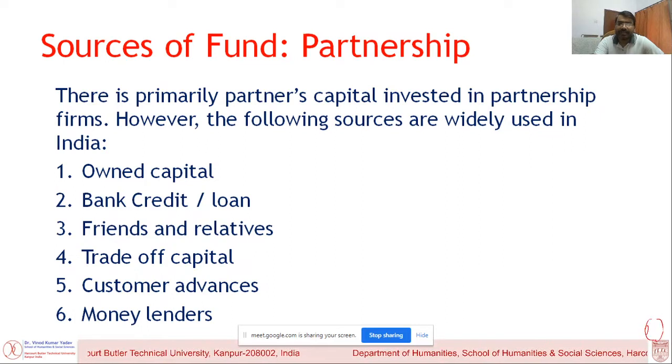Primarily, partners' capital investment is there. Yes, a partnership firm can take a loan from a bank. They can take help of friends and relatives. Trade credit and customer advances are very common in all sole proprietorships. Local money lenders are possible.